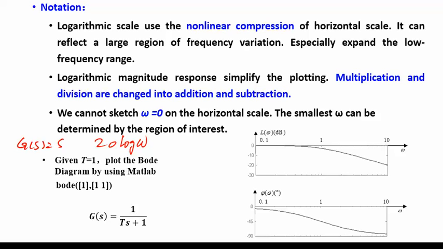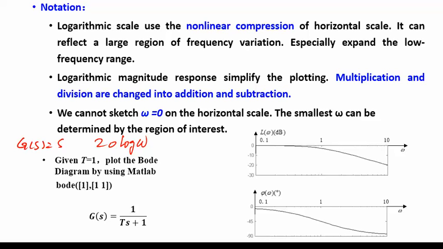For example, for this transfer function, let's say T equals 1, so the corner frequency is 1. We take one decade less. If it is 1, what is one decade less in frequency? 0.1, right? So we start from 0.1 and go to 1.